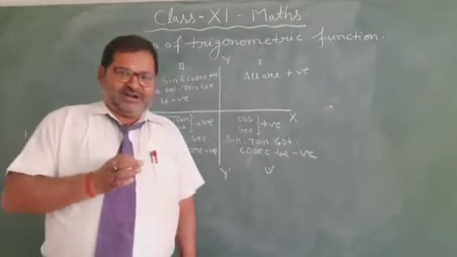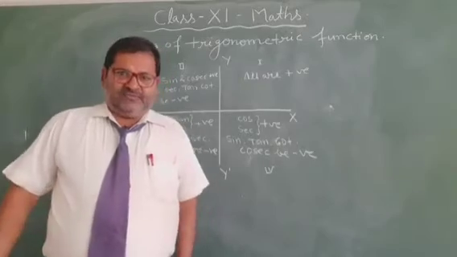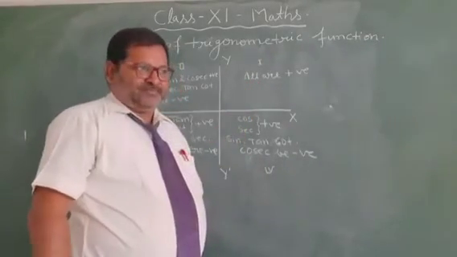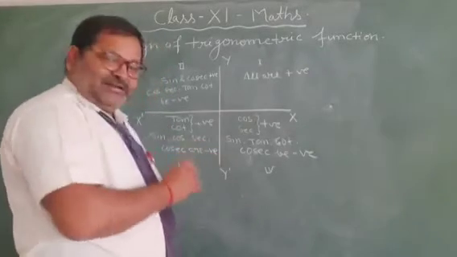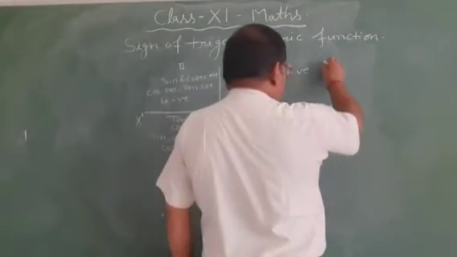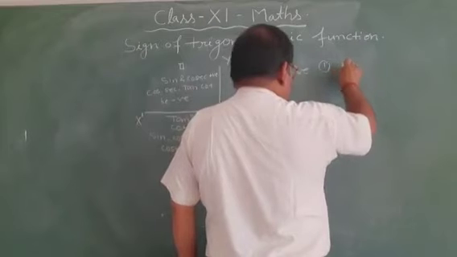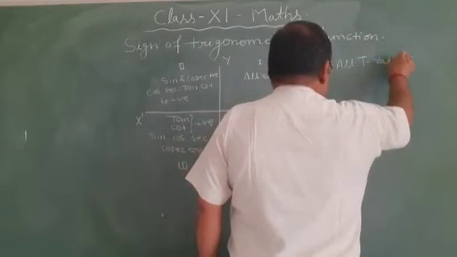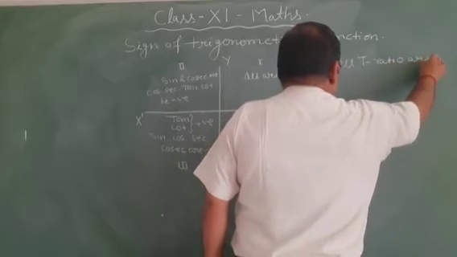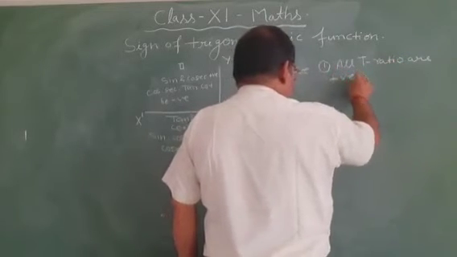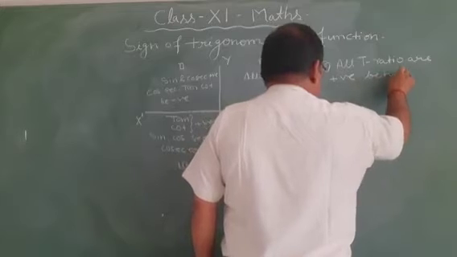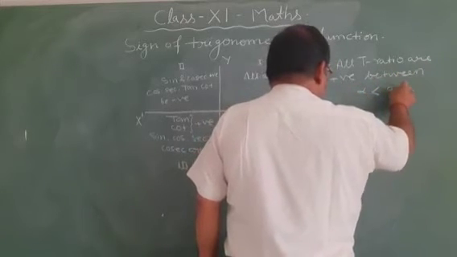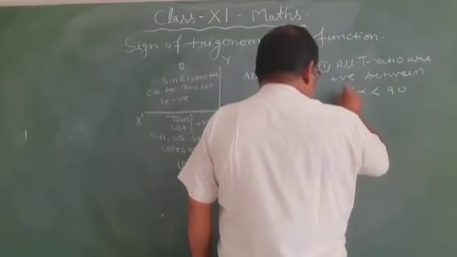On the basis of sign convention, in the first quadrant, all the trigonometric functions are positive. That the angle between first, all T ratios are positive, between alpha 0 to 90.